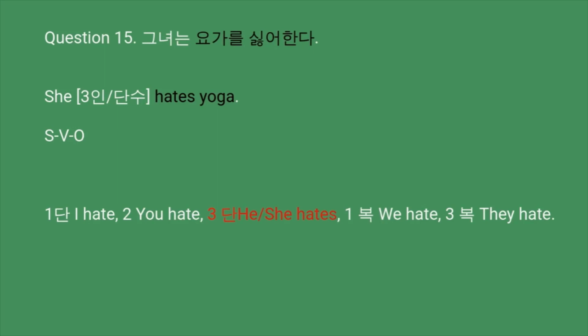Changing the order there, for English it has to be subject, verb, object. So subject she, verb hates, and the object yoga. With the conjugation of hate, we say I hate, you hate, he or she hates, we hate, they hate. So third person singular there, hates, so we have to add s, so she hates yoga.